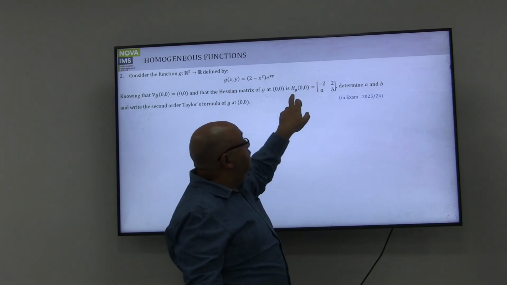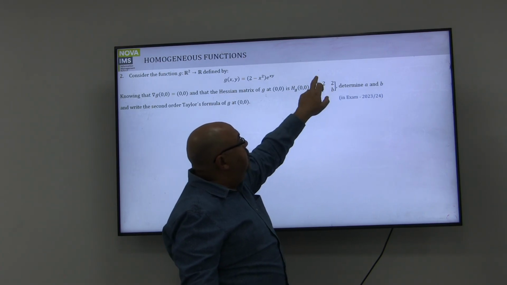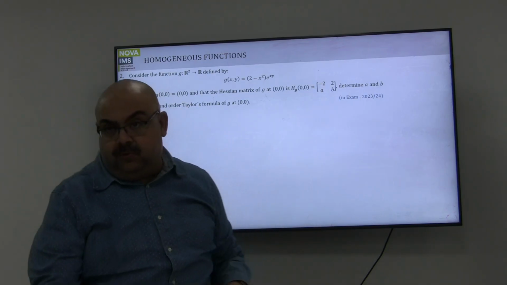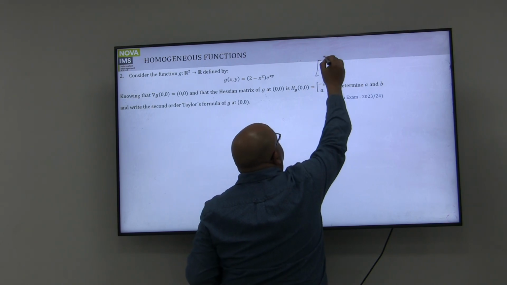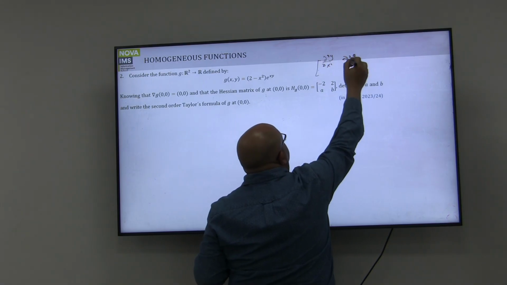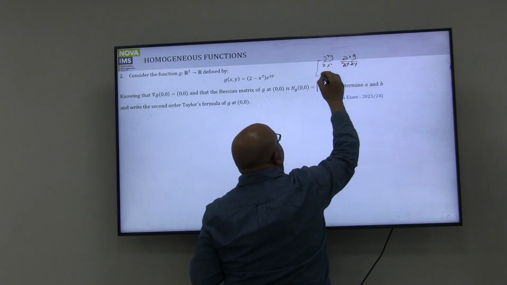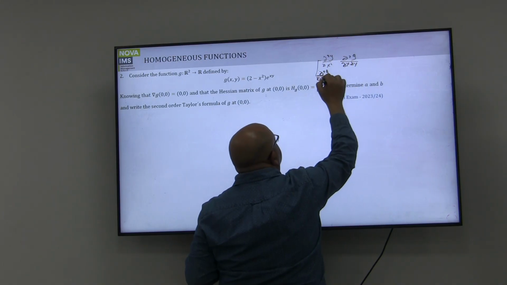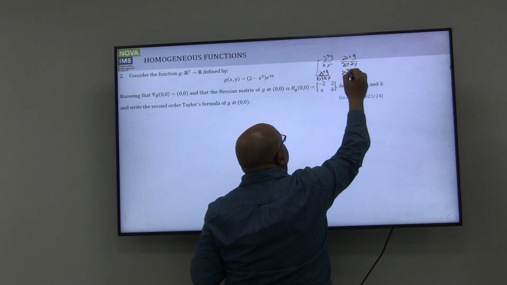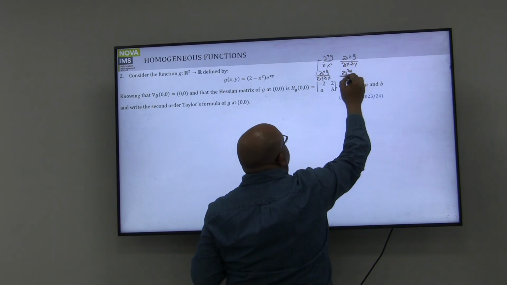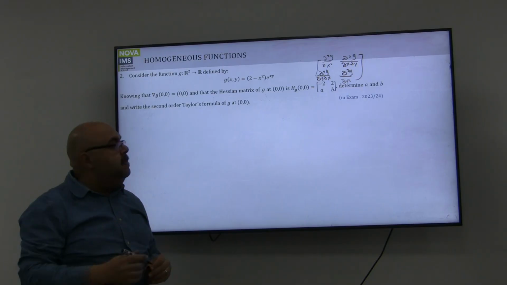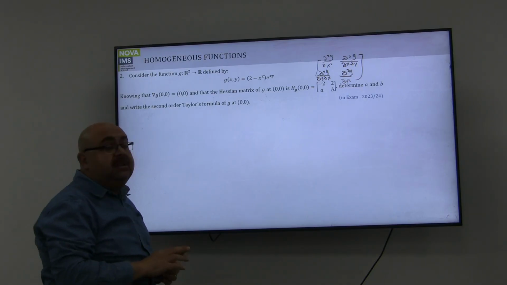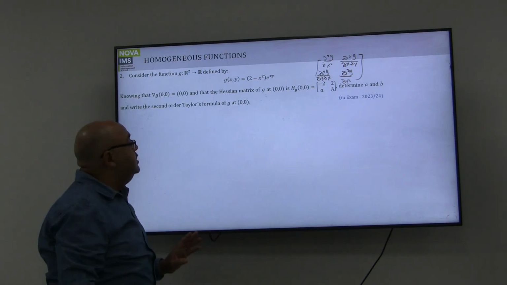This is the Hessian of g, which is partial 2g partial x squared, partial 2g partial x partial y, partial 2g partial y partial x, partial 2g partial y squared. It is given to you as -2, 2, a and b. Okay, determine a and b, that's the first question, which is, inshallah, simple.